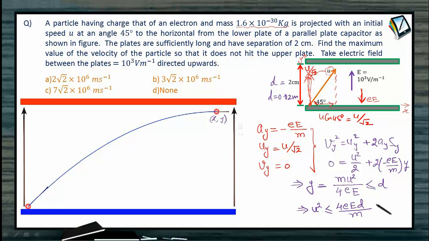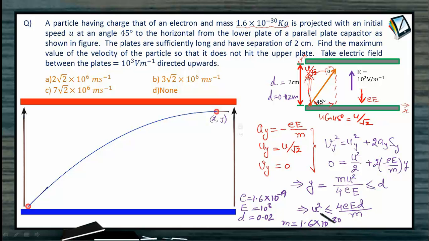So we have all the values. Small e is 1.6 × 10^-19, and capital E is given to be 10^3 volt per meter. Small d is given to be 0.02 meter, all in MKS, and the mass of the particle is given to be 1.6 × 10^-30 kg. So we have all the values.